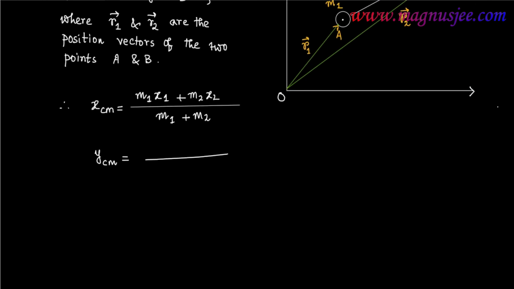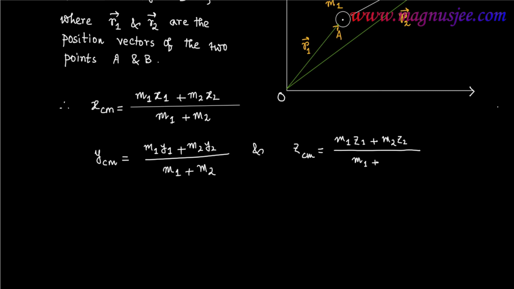Similarly, ycm equals m1 y1 plus m2 y2 divided by m1 plus m2, and zcm is equal to m1 z1 plus m2 z2 divided by m1 plus m2.